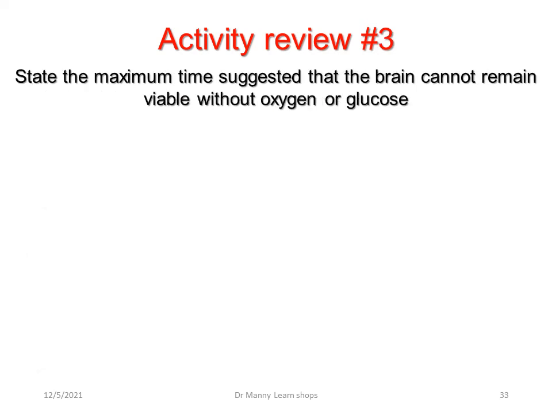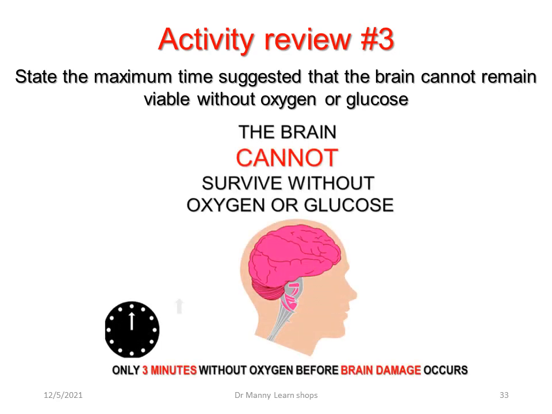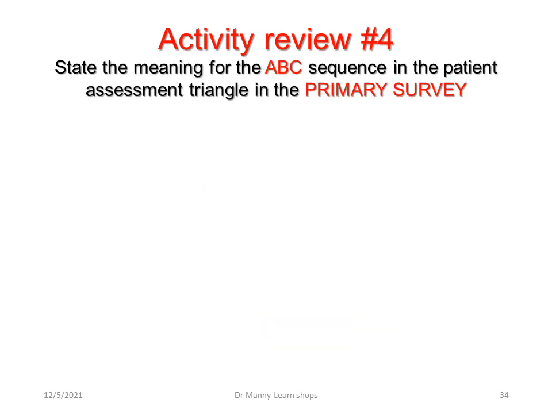What about this activity? State the maximum time suggested that the brain cannot remain viable without oxygen or glucose. 3 minutes without oxygen before brain damage occurs. What about the meaning for ABC sequence in the patient assessment triangle for the primary survey? What does it mean?